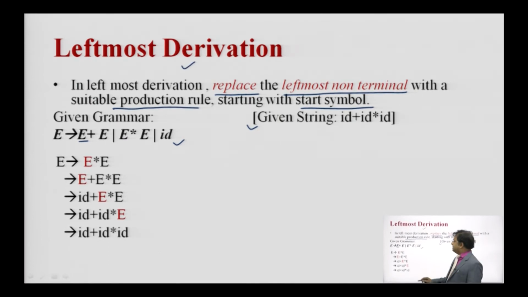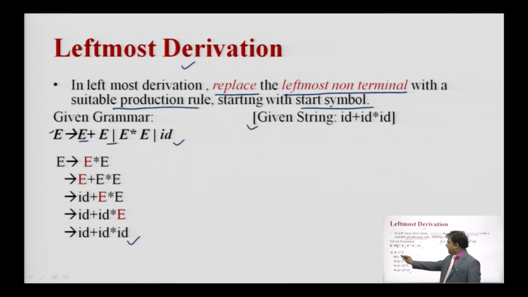Leftmost derivation says that I start with the starting symbol E and I can pick either of the production rules. My objective is to reach this sentence, ID plus ID star ID.